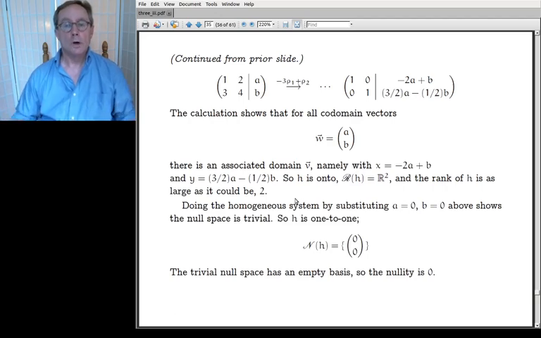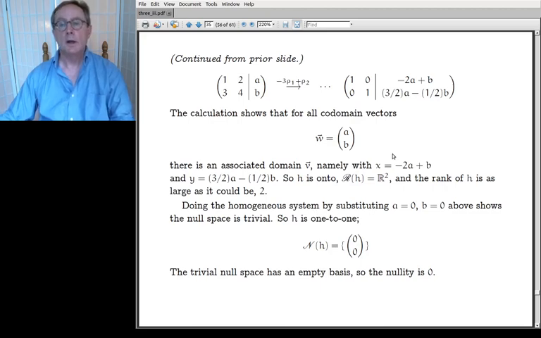For one-to-one, a person can reason in a number of ways, but the most straightforward thing to do is to do the homogeneous system by starting off with A and B to be 0. If A and B are 0, you go through all the Gauss's method steps, and the only answer is x equals 0, y equals 0.